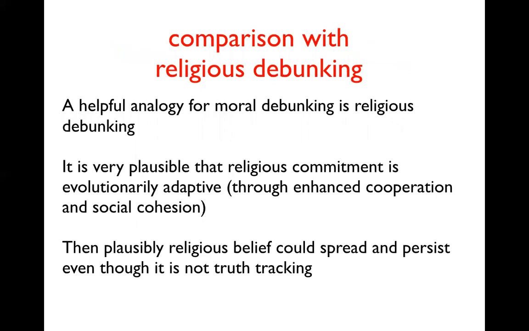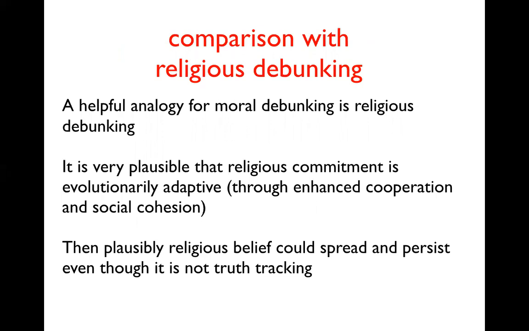As a comparison to help you understand, they mention this religious debunking argument because they assume that you'll agree with them about that. So this is supposed to be a helpful analogy. The idea is that it's very plausible that religious commitment is actually evolutionarily adaptive. A number of books have been written about this fairly recently. Pascal Boyer has a book, I think it's called Religion Explained. David Sloan Wilson has a book, Darwin's Cathedral.